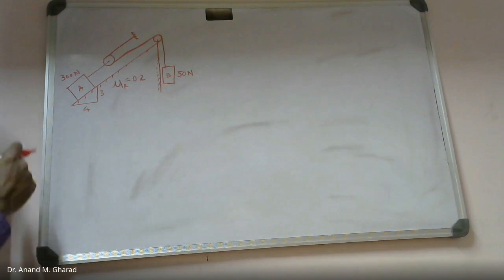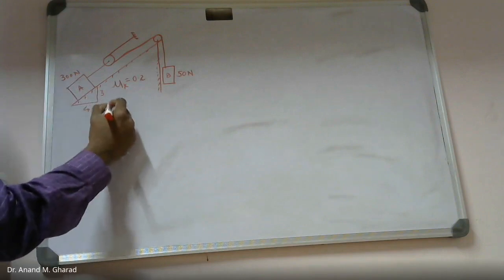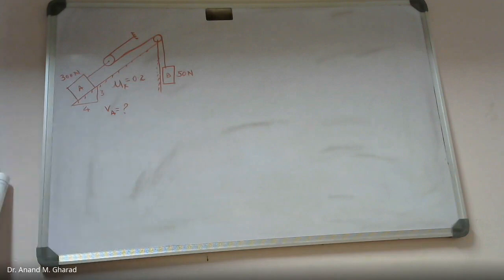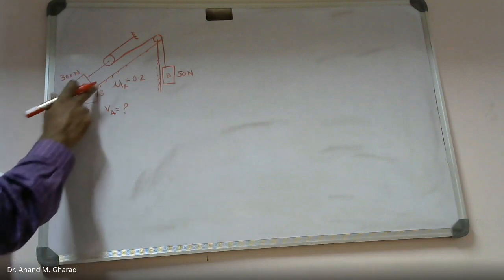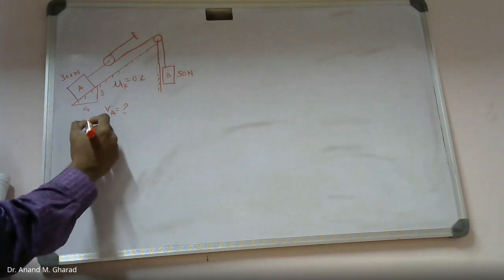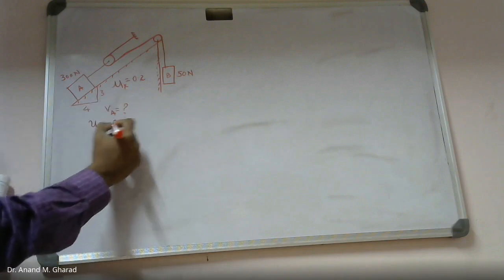I will repeat. It says determine the speed of block A, that is VA, if it moves down the plane 1 meter starting from the rest, that is initial velocity is given as 0.